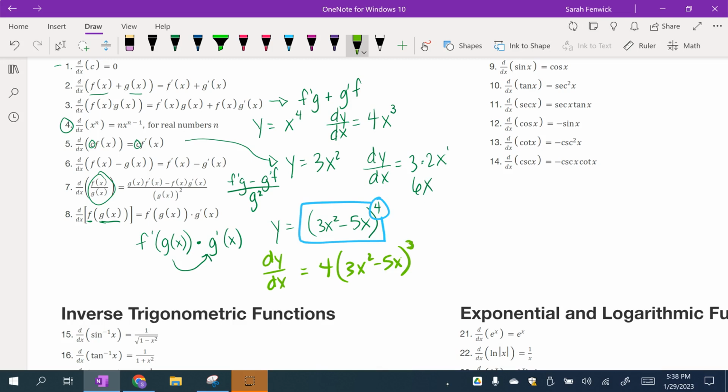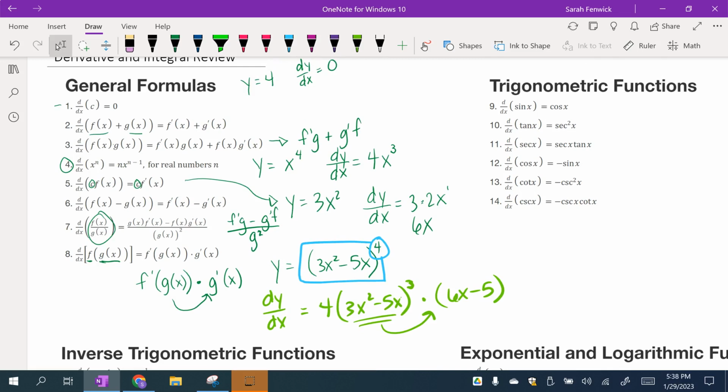Subtract 1 from my power, and I get a 3, times the derivative of this inside function, which is just 6x minus 5. Now you could go back and simplify that, but that's just reminding you what these rules look like. We have trig function rules over here, and these are pretty self-explanatory.